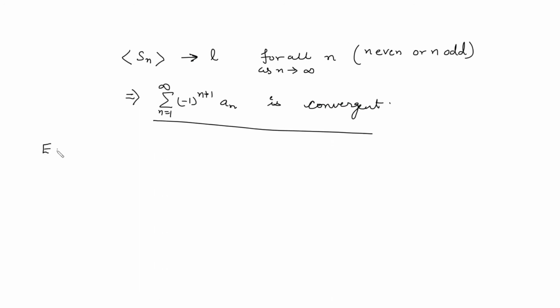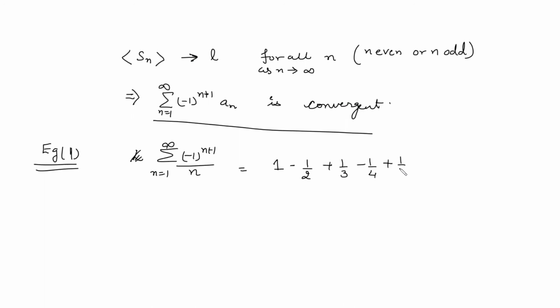Now just see with the help of an example. Let's suppose we have to check the behavior of this series. This is an alternating series with first term 1 minus 1/2 plus 1/3 minus 1/4 plus 1/5 and so on.